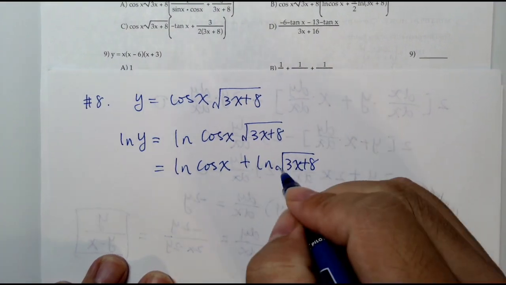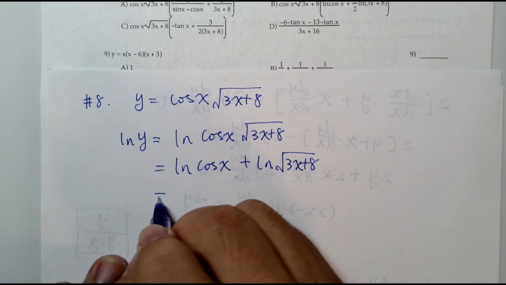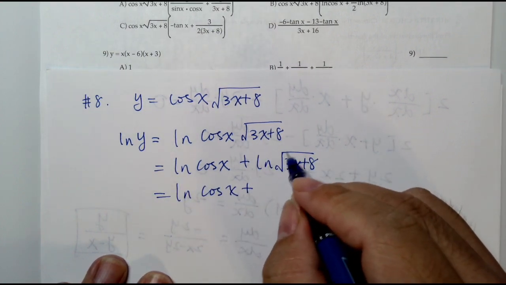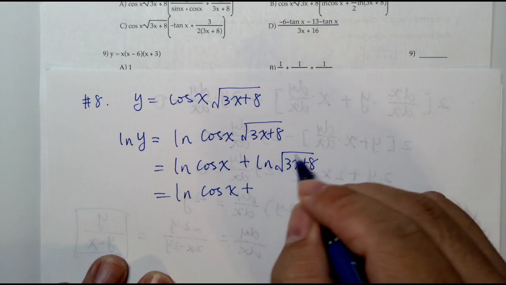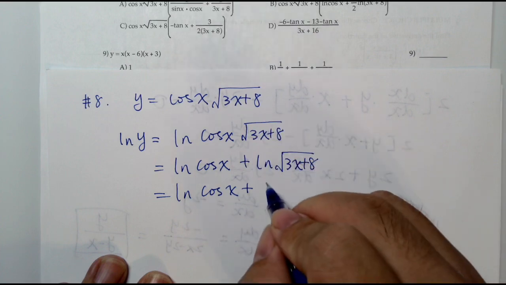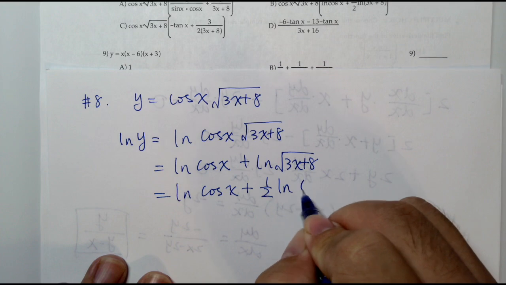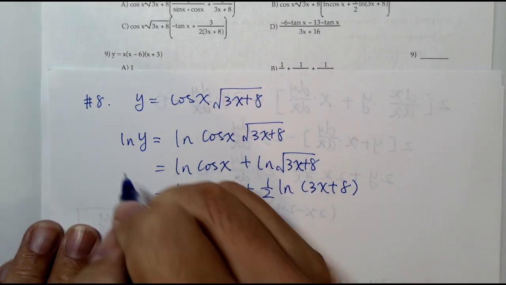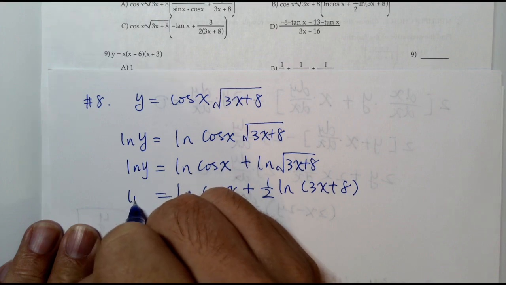Even more, for this guy, we can rewrite it as 3x plus 8 to the power half, and then bring the half into the front. So that gives us this. Of course, the left-hand side is still ln y.